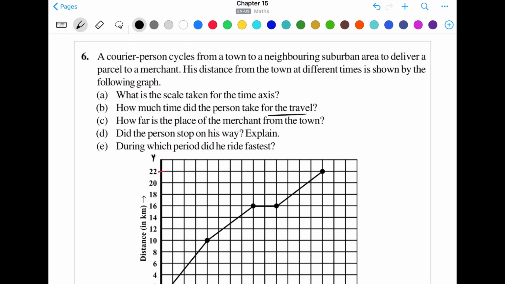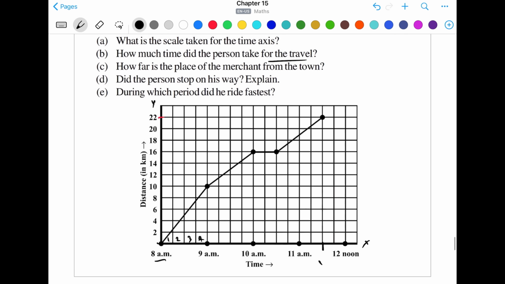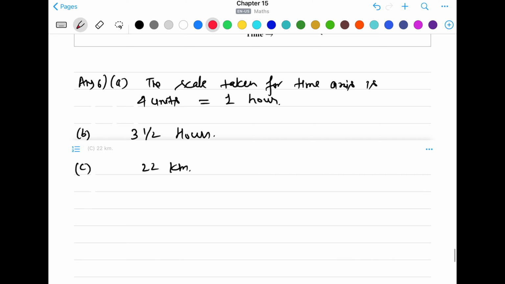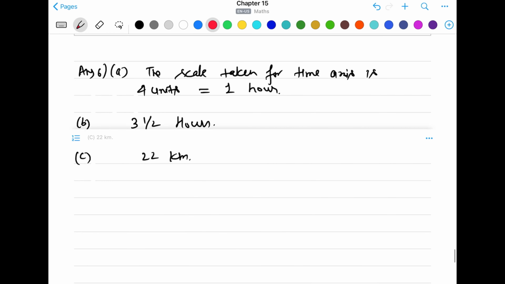Next is, did the person stop on his way? Explain. Okay, stop means the distance traveled becomes unchanged or constant or same. So as you can see, between this period he is not traveling any distance. Okay, so between 10 to 10:30 he took rest. So the answer is yes.